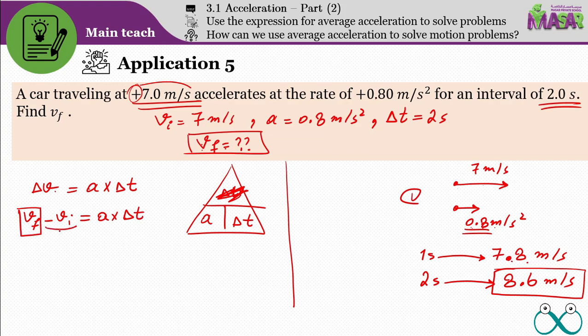That can be done by moving the V initial to the other hand side. Don't forget to change the sign from minus to plus. So V final is equal to A times delta T plus V initial.